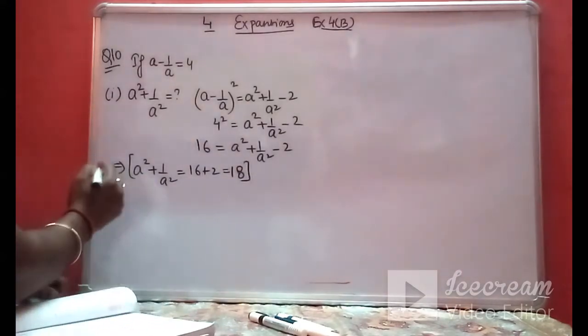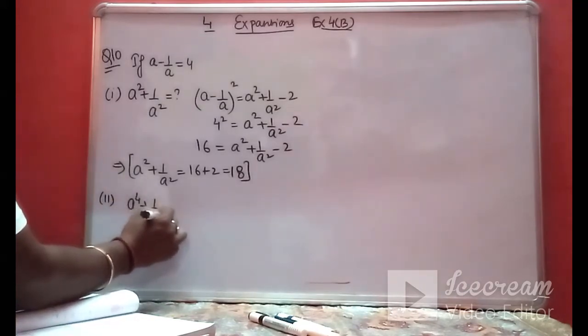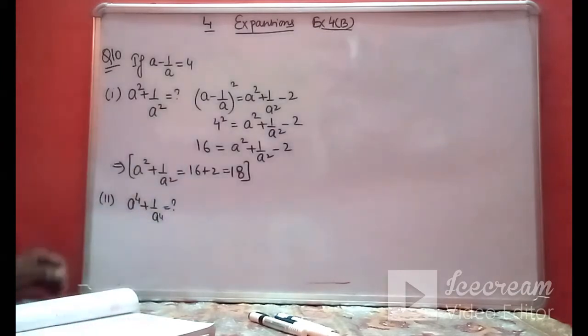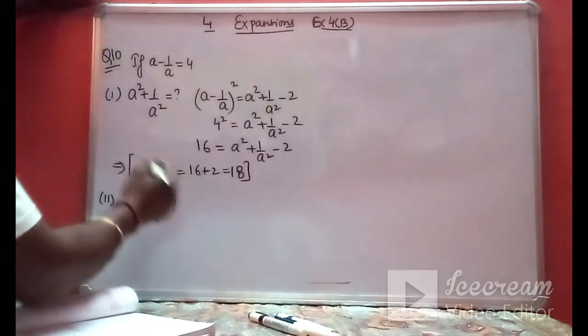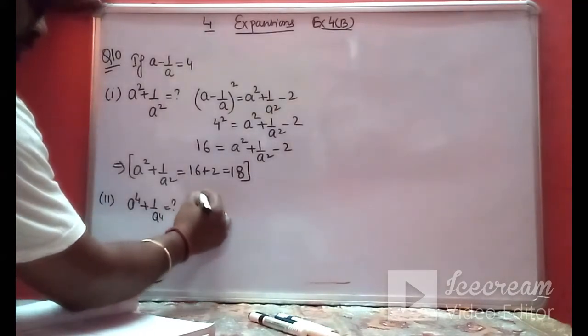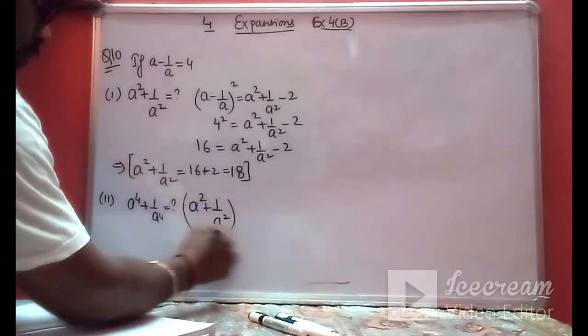Now the second thing asked is a to the power 4 plus 1 upon a to the power 4. Now see, a to the power 4 is the square of a square. So we will write the formula of a square plus 1 upon a square whole square.